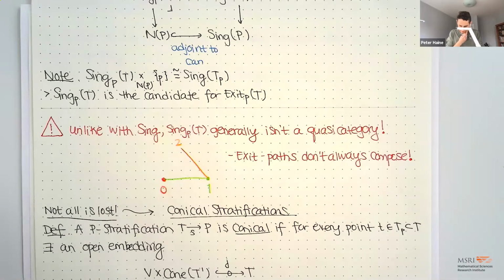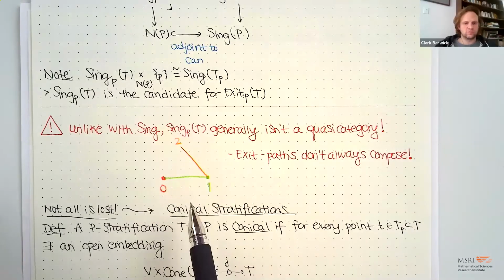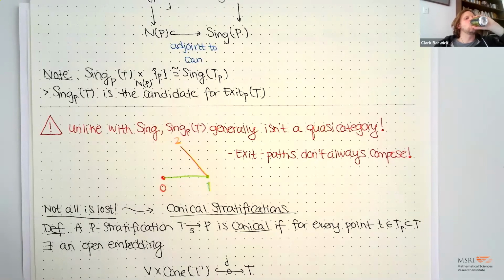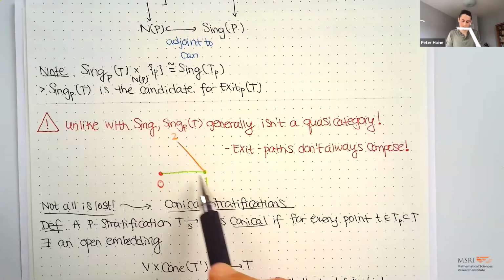I'd need to have, at this point labeled 1, an open embedding of a cone on something stratified over a bigger thing, crossed with something else, into here.